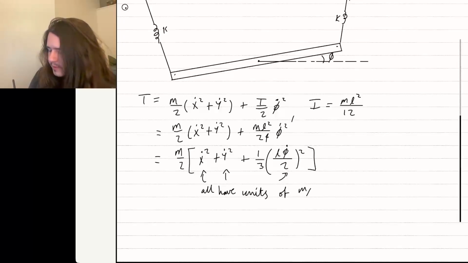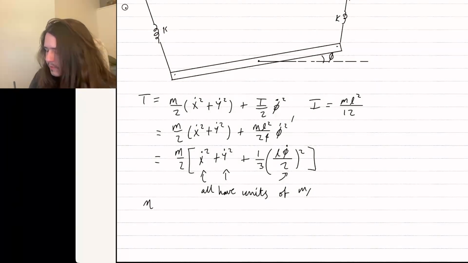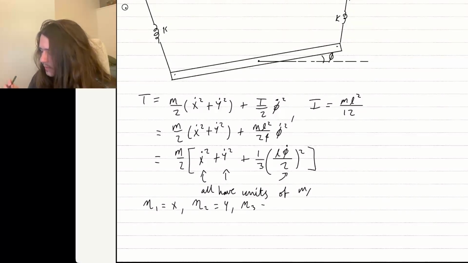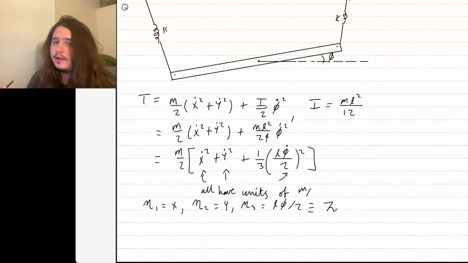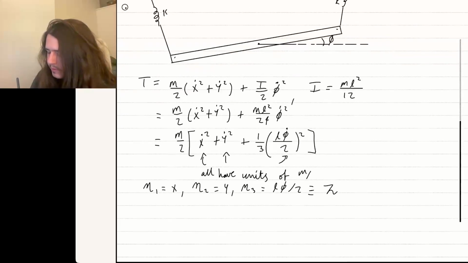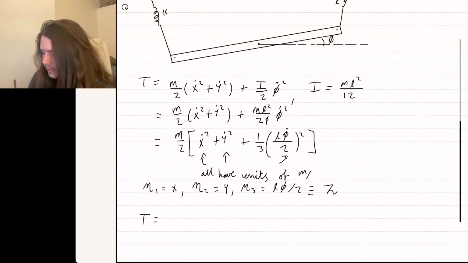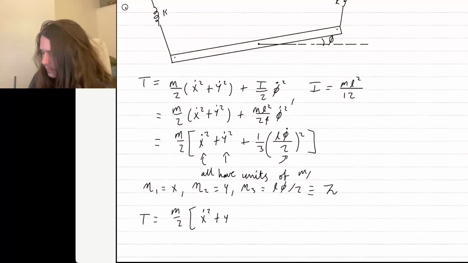So I'm saying that the generalized coordinate eta 1 is x, eta 2 is y, eta 3 is l phi over 2, and I'm just going to shorten it to z later on. So I'll even go ahead and rewrite the kinetic energy as m over 2 times x dot squared plus y dot squared plus 1/3 of z dot squared.